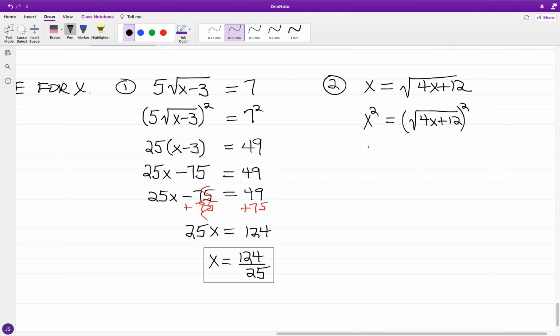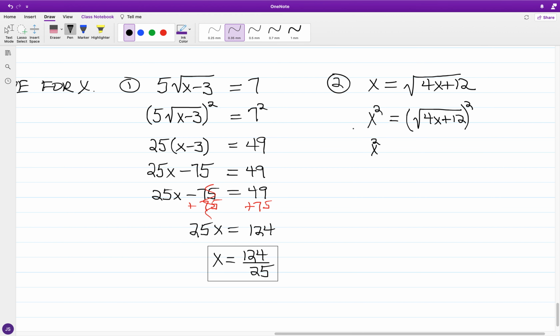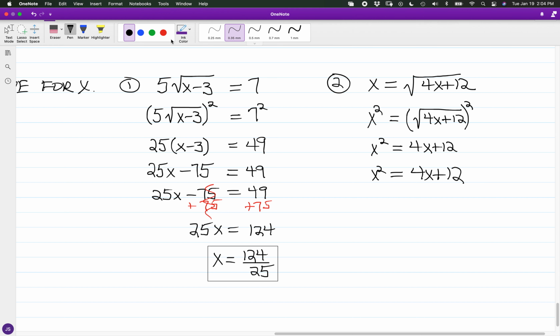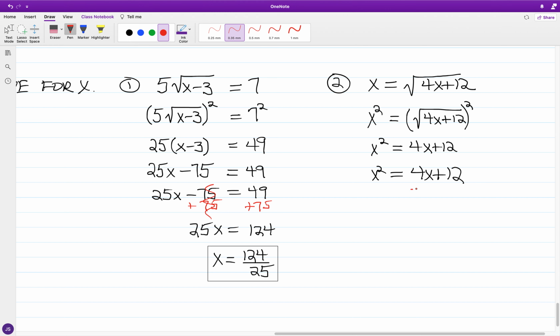So we have x squared is equal to 4x plus 12. So I have a quadratic equation, and if I put it into standard form, I'm going to set this equation to 0 by taking away 4x and also subtracting 12.